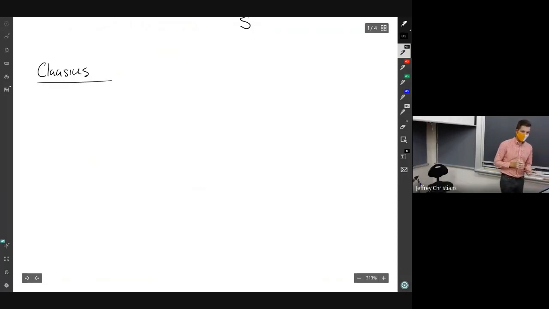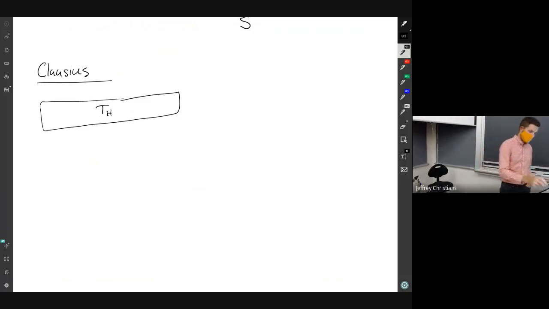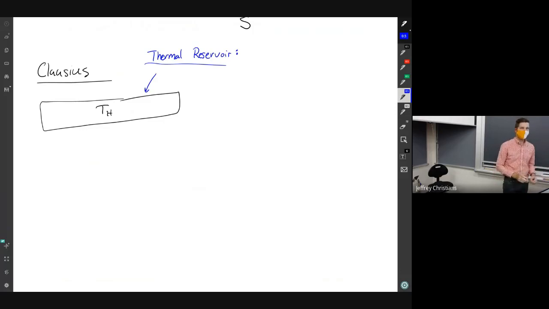what Clausius said was, okay, if we have something like this, something hot, and I'm just going to make a note, this is a thermal reservoir. It's a nice, not actually real, but nice conceptual tool to think about.